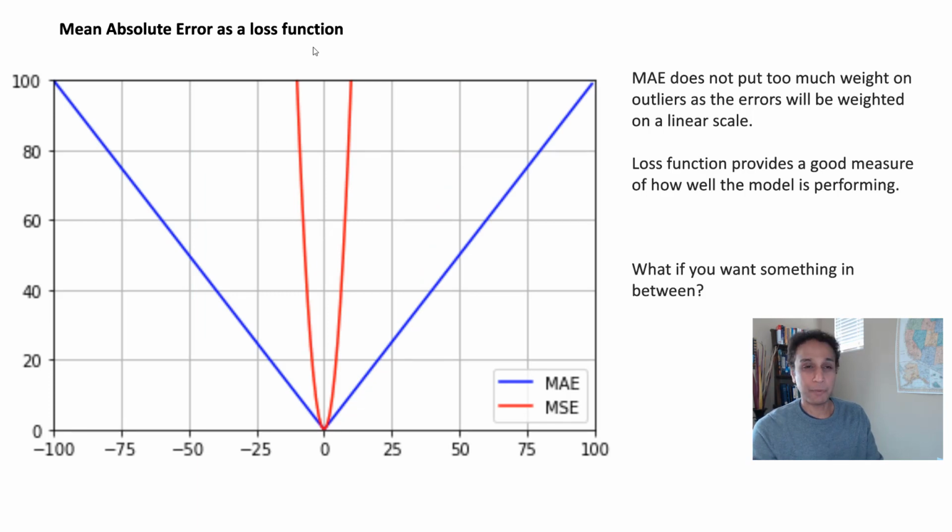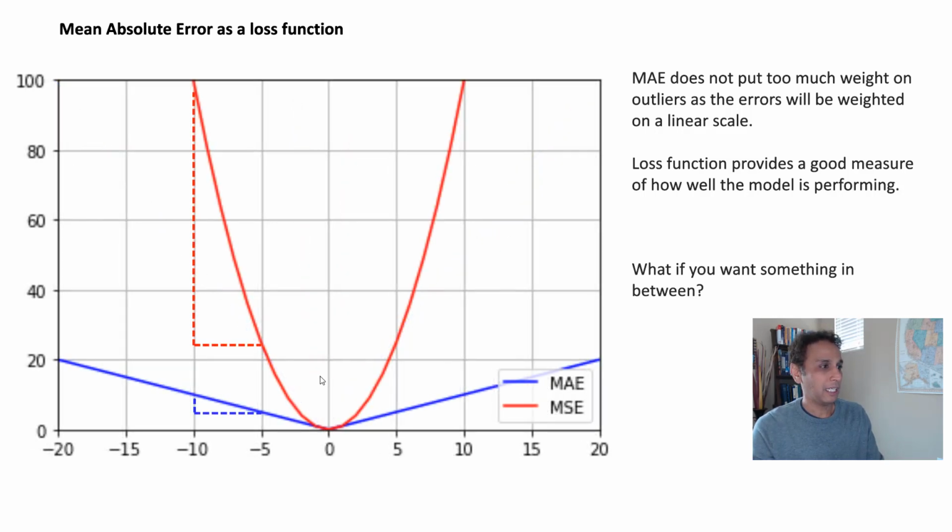Now let's look at mean absolute error. As you can see here, this is how you can plot this. We'll do the plotting in Python in a minute, but it does not put too much weight on outliers because it's a linear function. It's not an exponential or a square function. The loss here provides a good measure of how well the model is actually performing.